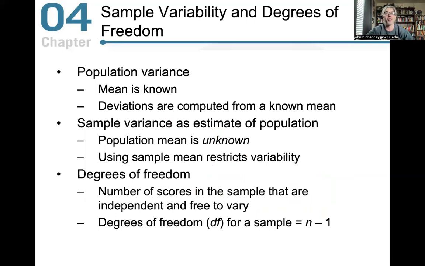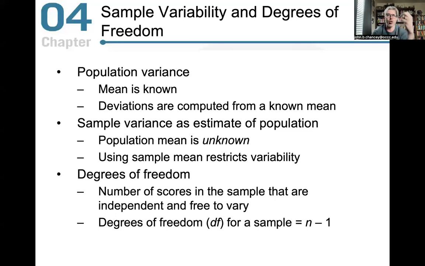As far as sample variability, if it's a population variance, we can compute it if we know the mean. Our deviations are computed from a known mean. Sample variation as an estimate of a population is what happens when the population is unknown. In that case, using our sample mean might restrict our variability.